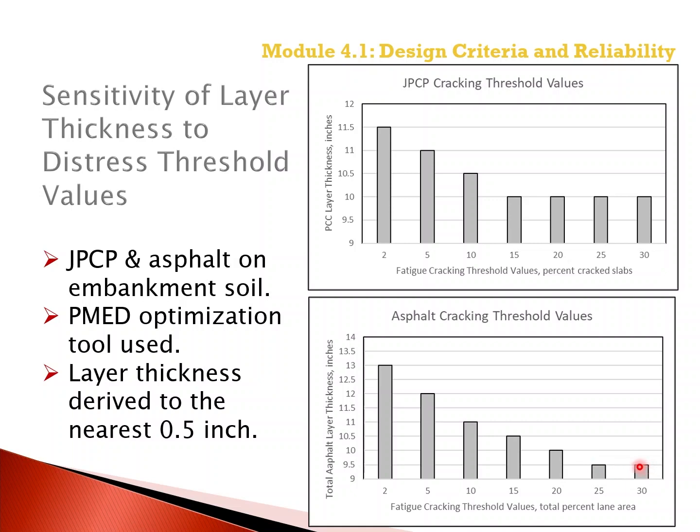This depends on the specific examples or site features and other factors within this example. So these two simply show that the distress threshold values are very important for determining the thickness of the bound asphalt layer or bound concrete layer.